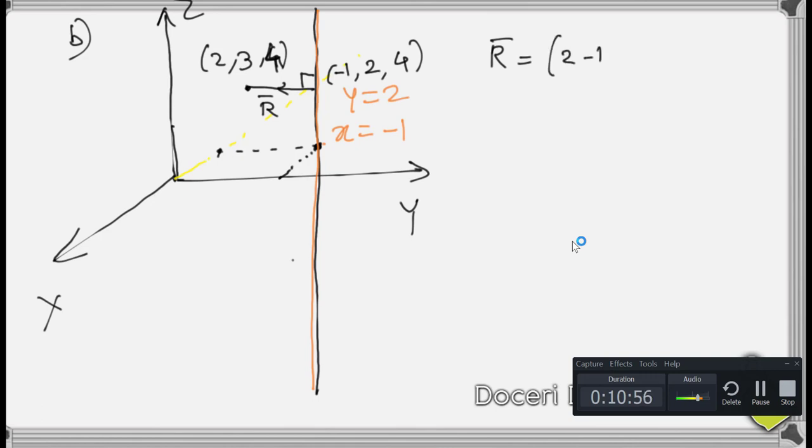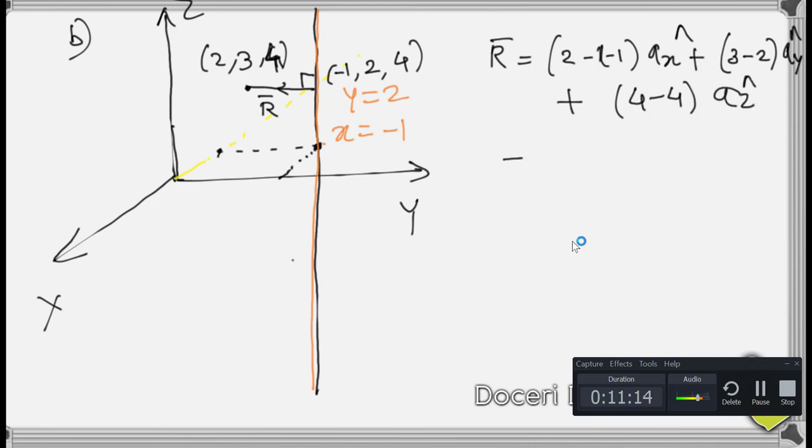What is R bar? 2 minus of minus 1, 2 plus 1, into AX cap plus 3 minus 2 into AY cap plus 4 minus 4 into AZ cap.